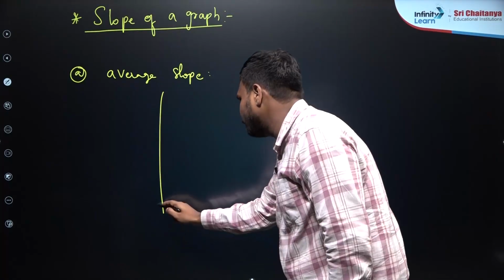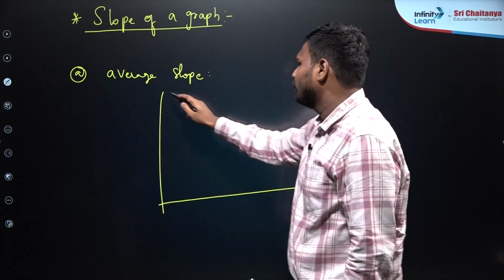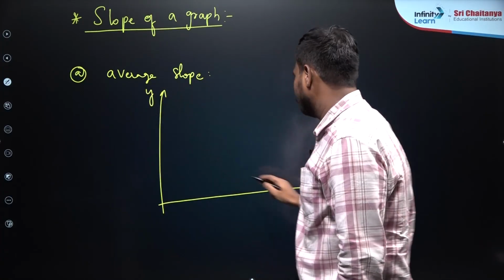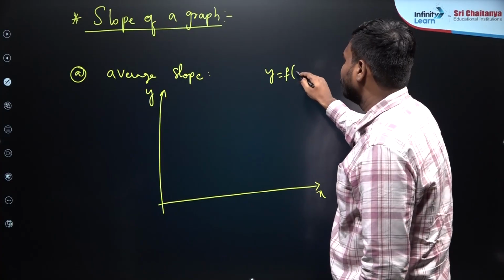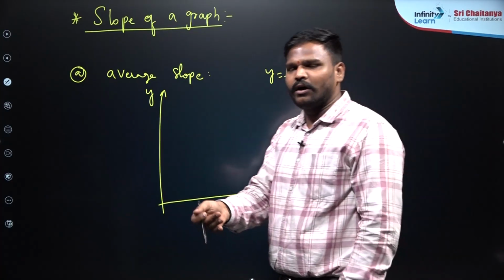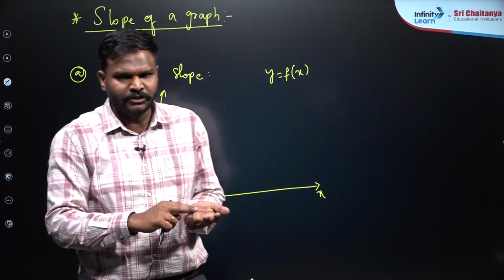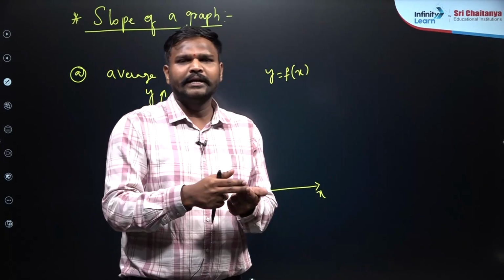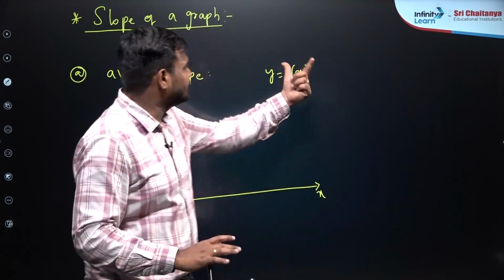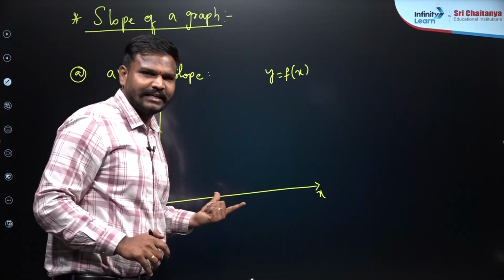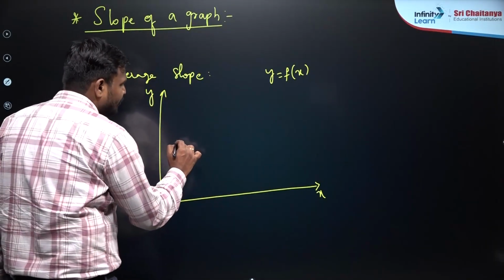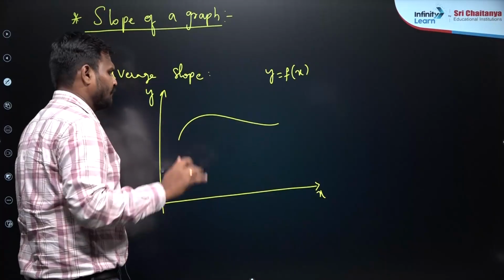you have two different points. We have taken a certain function, sir, y is equal to f of x. It can be logarithmic, it can be exponential, it can be trigonometry, it can be algebra. Some function is there. That function I want to plot in y-axis as well as x-axis, and somehow the shape ended up like this, let us say.